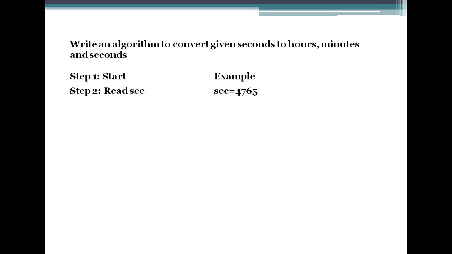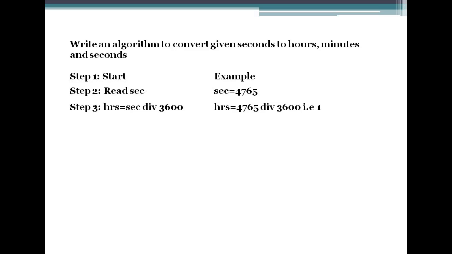We all know that 1 minute is equal to 60 seconds. So 1 hour is equal to 60 minutes and each minute is equal to 60 seconds, so 1 hour will be equal to 3600 seconds. Next, step 3, we have to find how many hours.